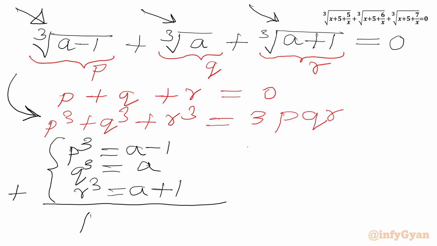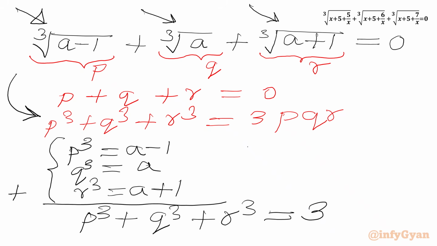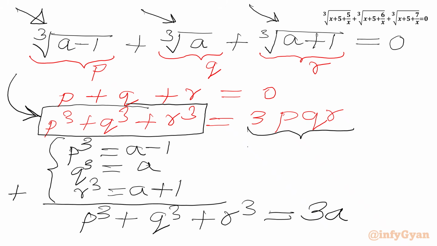And we will get p cube plus q cube plus r cube equal to a plus a plus a, 3a, plus 1 and minus 1 will get over. So here we can write 3 times a. And in RHS, we'll write 3 times cube root of a minus 1 times cube root of a times cube root of a plus 1.